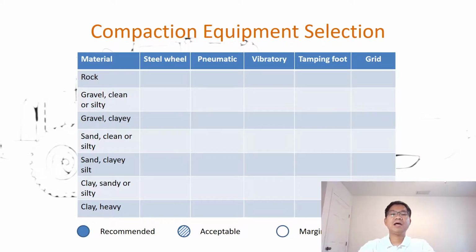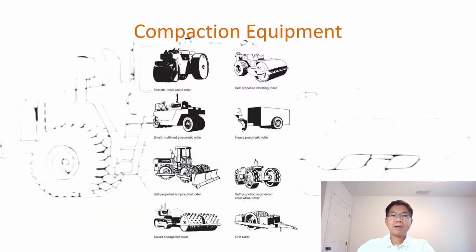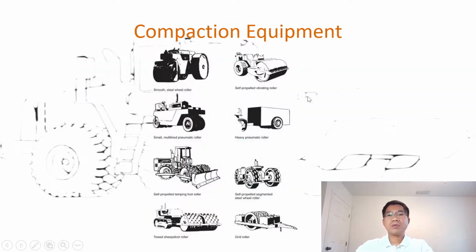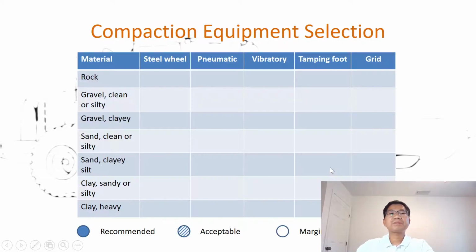Let's see this also from the book here. For steel wheel, pneumatic, you can have different equipment: pneumatic, steel wheel, vibratory, tamping foot, and grid. If you apply to rock, it is better to use steel wheel, vibratory, tamping foot, or grid.